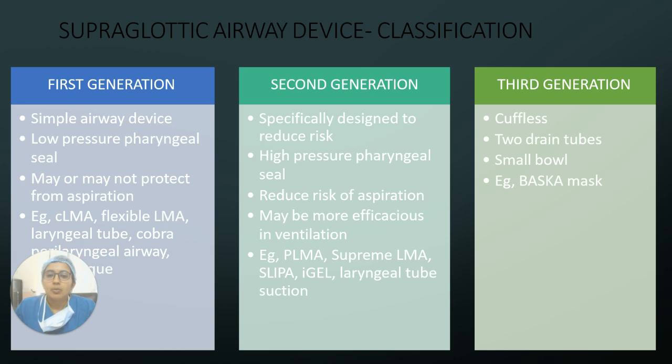It forms a high pressure pharyngeal seal, reduced risk of aspiration, may be more efficacious in ventilation. We have the ProSeal LMA, Supreme LMA, SLIPA, i-gel. Then the third generation LMAs are the cuffless LMAs which contain two drain tubes, a small bowl, also called the Baska mask.